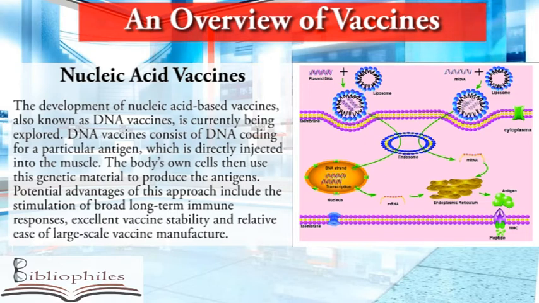This type of vaccine has the benefit of being relatively easy to produce, since DNA is very stable and easy to manufacture. But this is still in the experimental stage because no DNA-based vaccines have been shown to elicit the substantial immune response required to prevent infection.